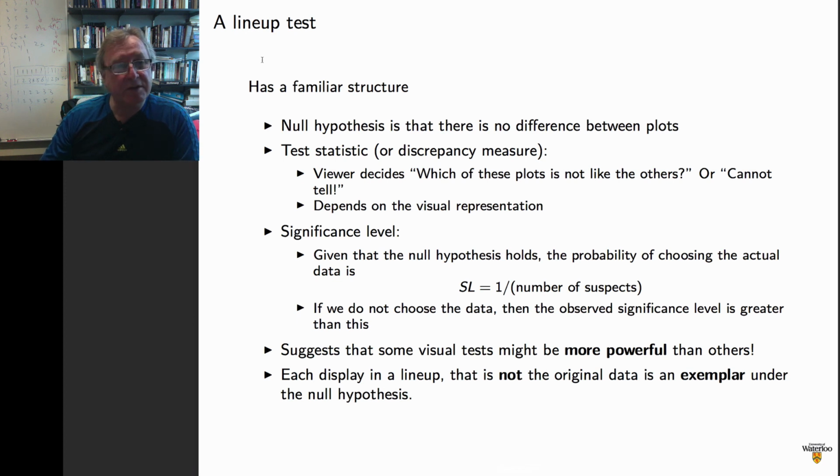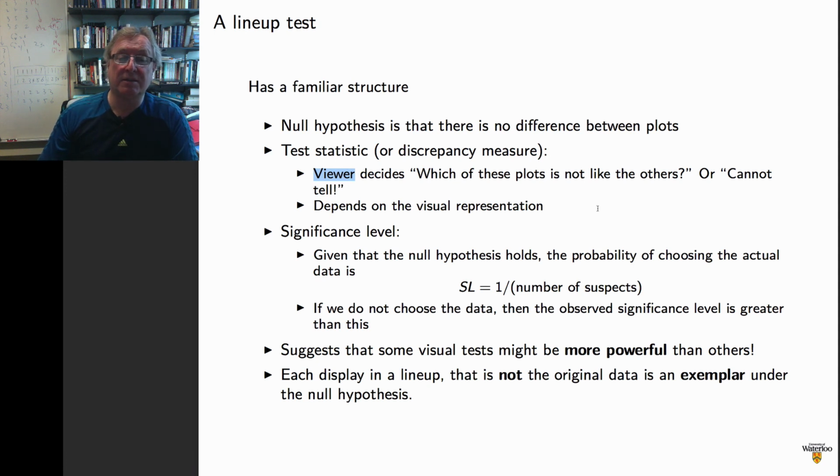So, finishing up, this lineup test actually has a pretty familiar structure. There's a null hypothesis, and that null hypothesis is that there's no difference between the plots. There's a test statistic, and the test statistic itself is the visual representation. But in a bizarre way, you, the viewer, have also become part of the test statistic, or the discrepancy measure.